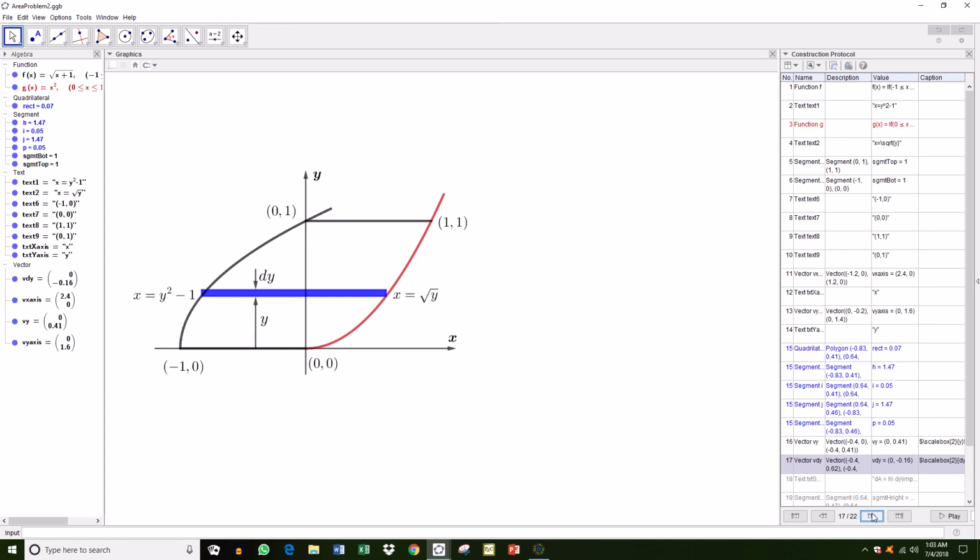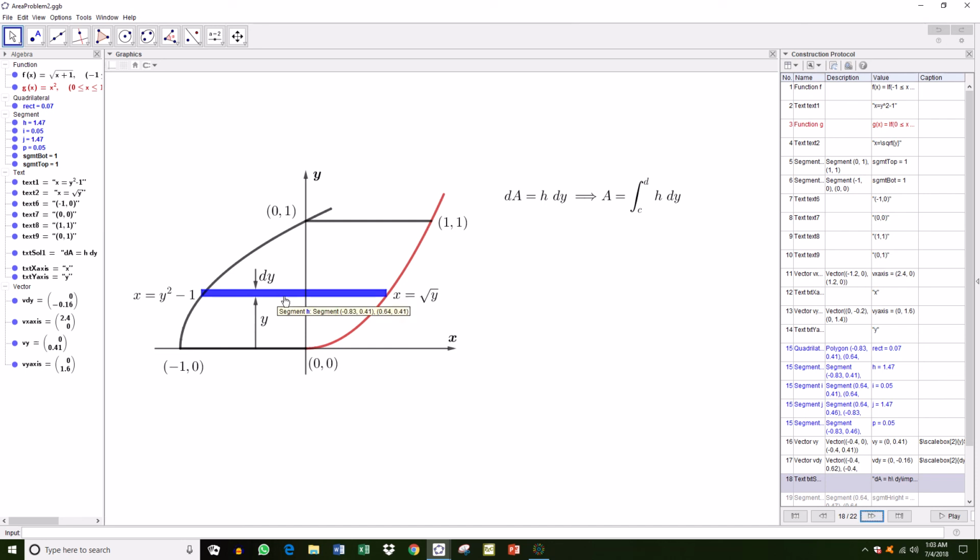And the differential area is, in this case, h times dy. H, what is h? H is the height of the rectangle. Height is probably not a good word to use in this case. The width of the rectangle, right? I'm still denoting that with an h. If you want to call it w in a case like this, please feel free to do so.